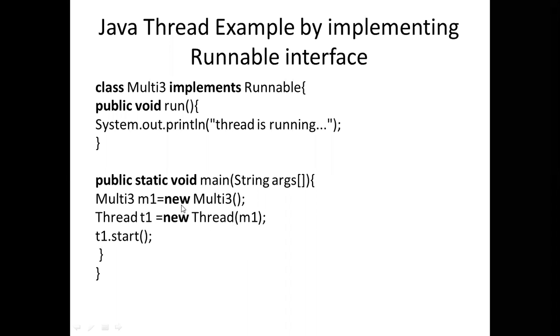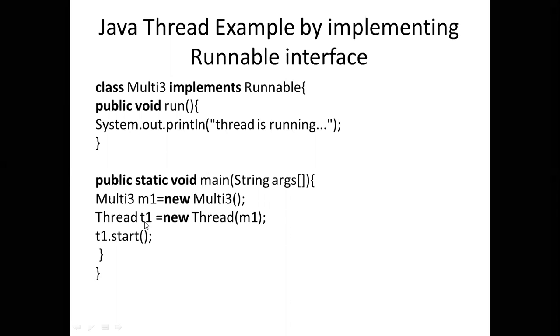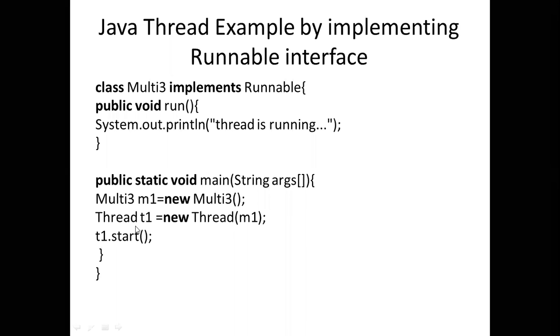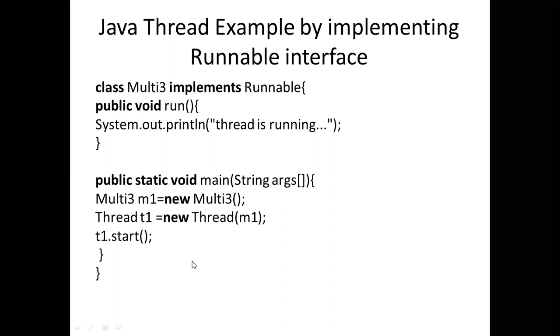So it will consider my m1 as a thread object. Finally, we are just using this t1, that is a thread object, to start that particular thread. So indirectly we are using this m1 object of this particular class, and that will be used to start that particular thread in this method.